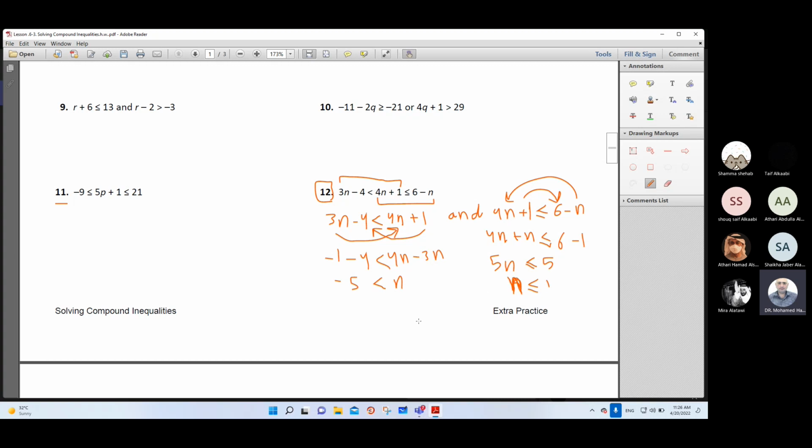So the solution set is the variable n between two values: n greater than minus 5 and less than or equal to 1.